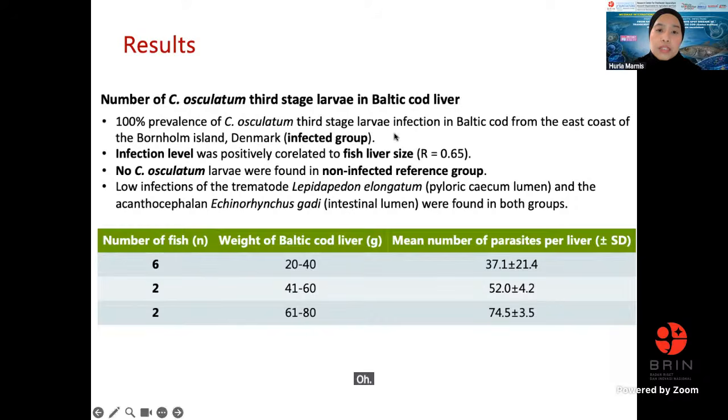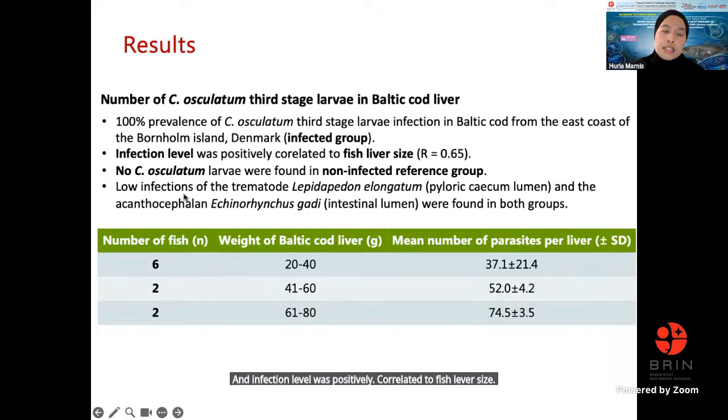This is for the infected group, and infection level was positively correlated with fish liver size. No Contracaecum osculatum larvae were found in the non-infected group. In both of our groups, we found low infection of trematodes in the pyloric caecum lumen and of acanthocephalans in the intestinal lumen.